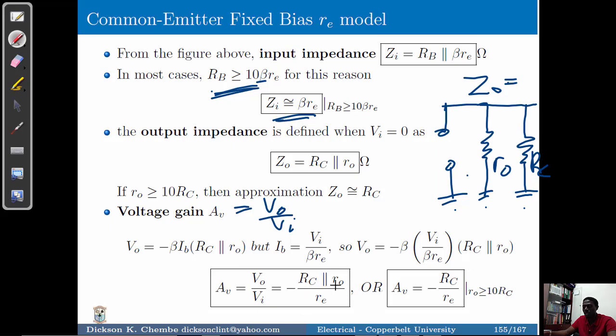And this is what we obtain here. We get the gain to be equal to RC over RE, provided that RO is greater than 10 RC. That's the condition. And once we have our voltage gain, then we can understand by how much amplification the transistor is able to achieve.